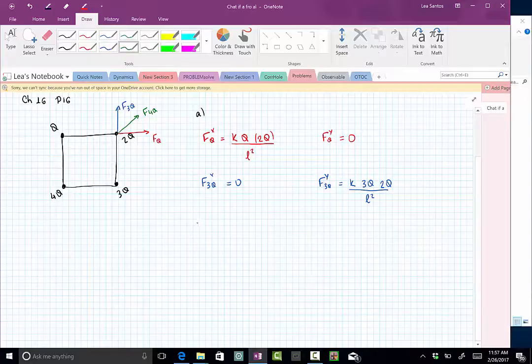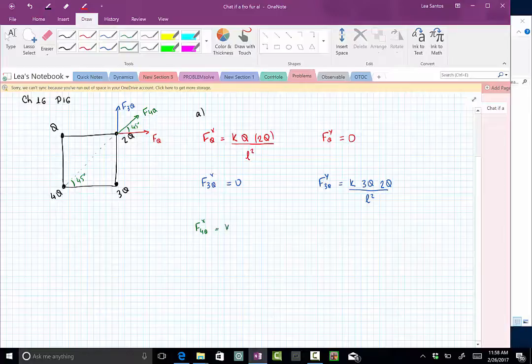Now this one we have to be careful with, because there is an angle. But what is this angle here? Well, let me draw this whole line here. We are talking about a square, so we know that the corner is 90 degrees, and this line is just in the middle of it. So this is 45 degrees, and here also we have 45 degrees. All right, so what is the force from 4Q in the x direction?